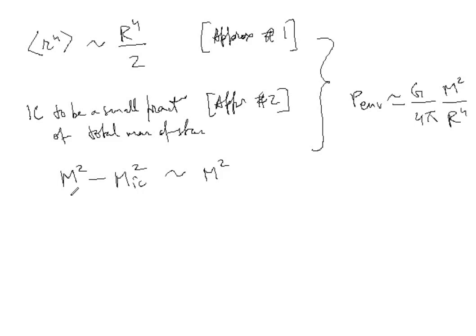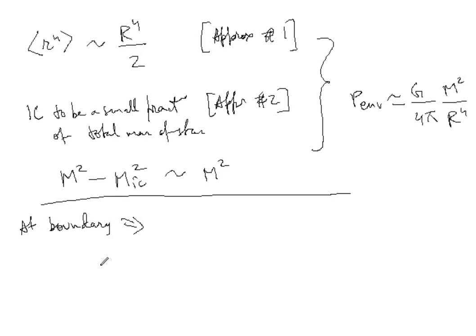Now, okay, now you see at the boundary between the isothermal core and the envelope, the temperature of the gas in the envelope should be equal to the temperature of the isothermal core, right? So at the boundary, what we will have is the following: P is equal to Kb by mu mH rho T, right?